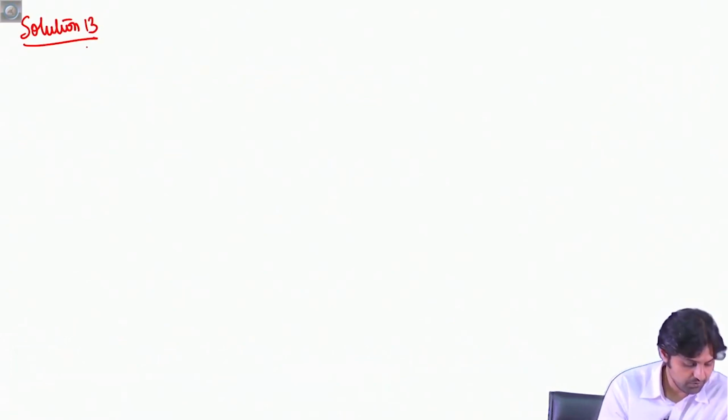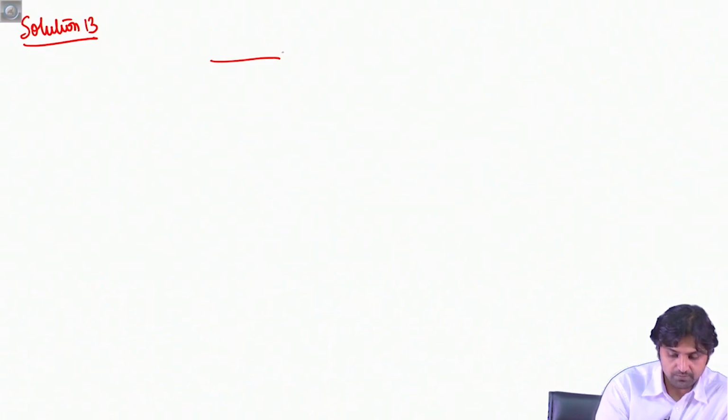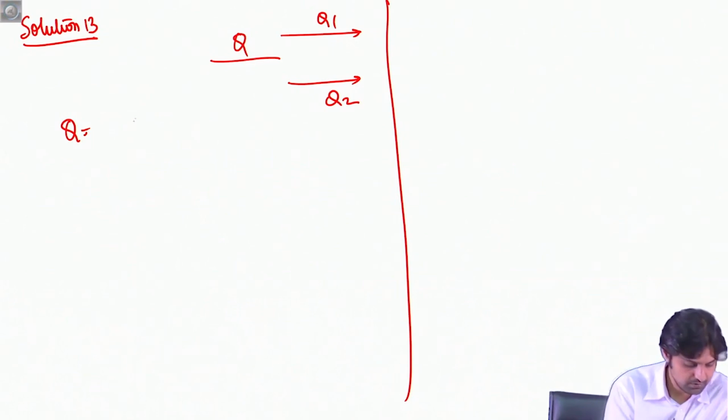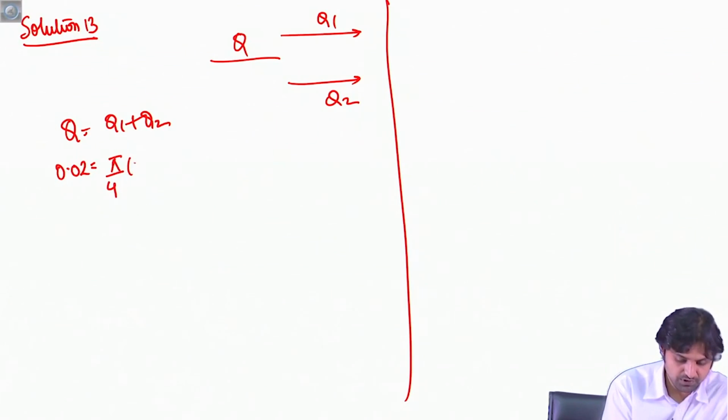So, Q will be equal to Q1 plus Q2. The total discharge is 0.02, and the areas are pi by 4 into 0.06 squared.